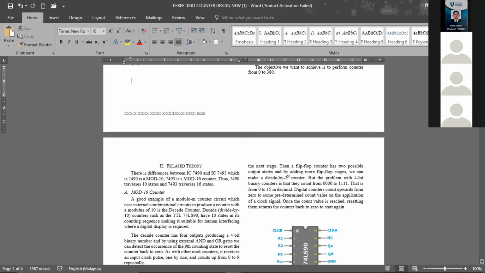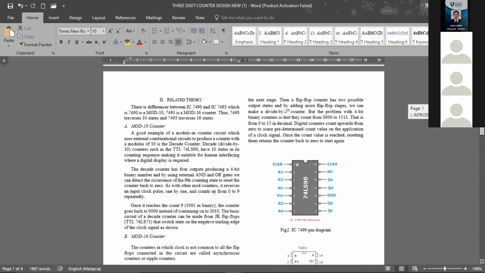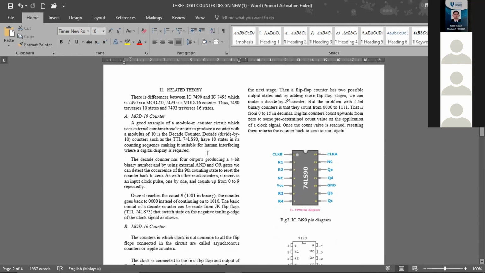So our presentation will explain our purpose, which is to count from 0 to 380 by using two types of IC, and what ICs we use in our project, and also our simulation.